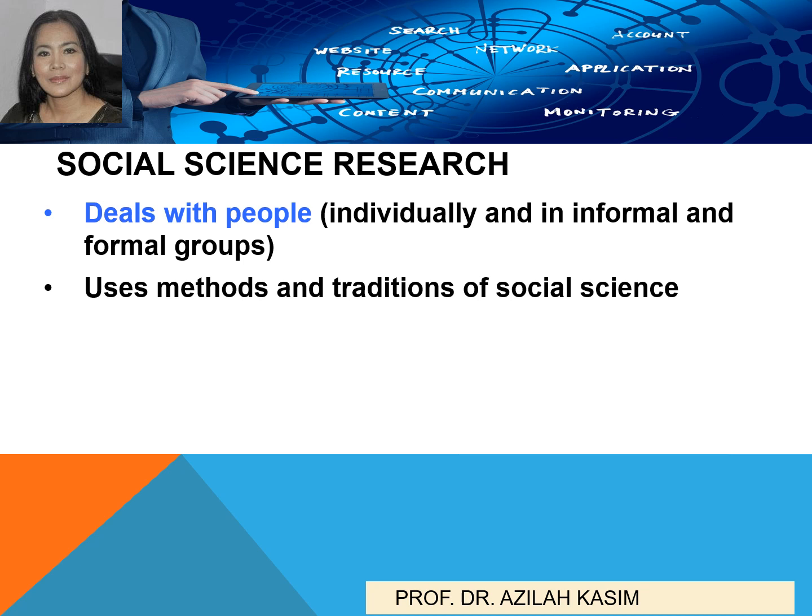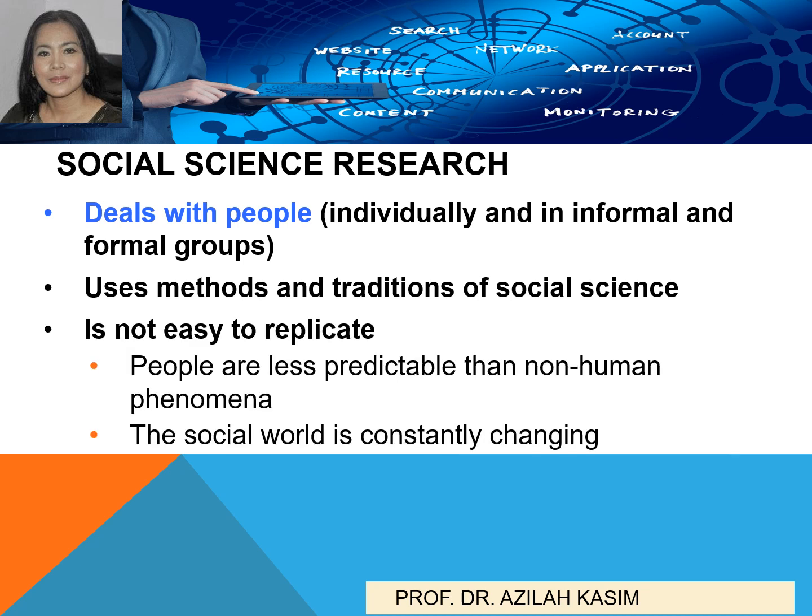This is why our context is social science. We deal with people either individually or in the form of formal groups. So when we research them, we have to use methods and traditions that are suitable for social science, not pure science.